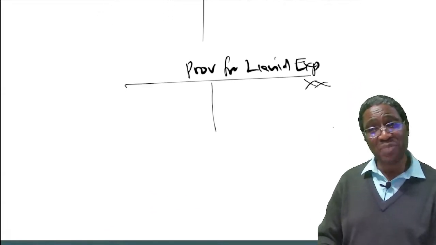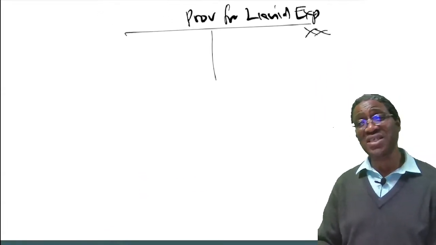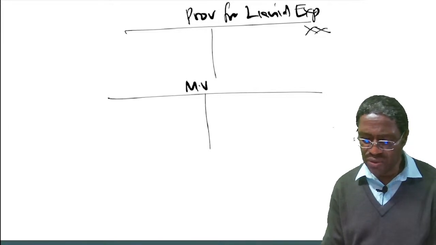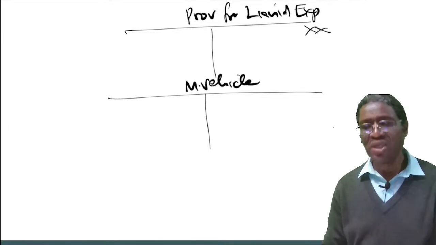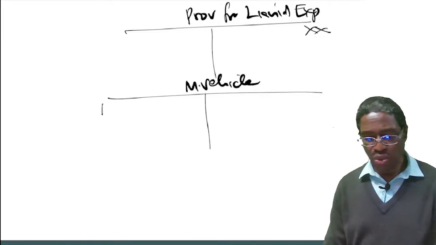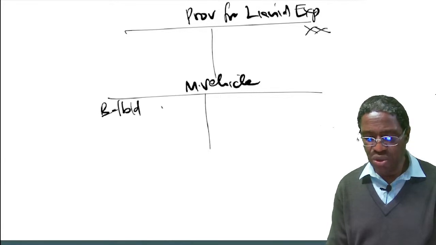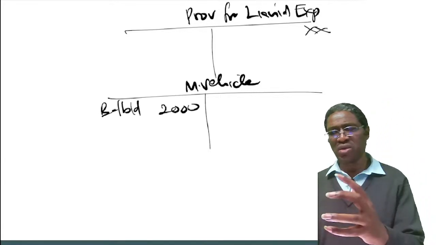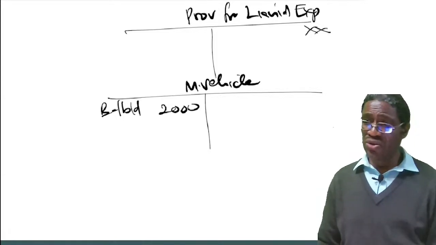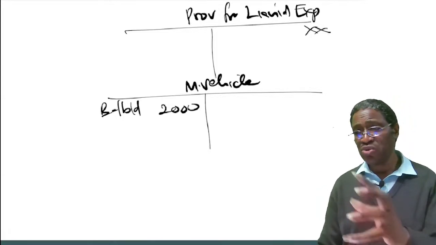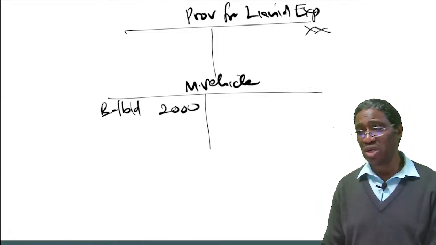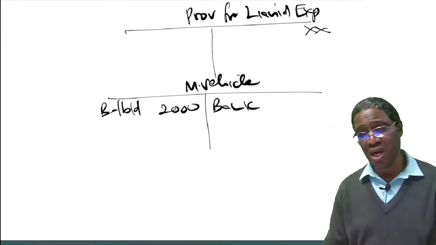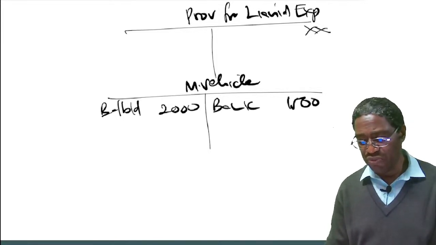You will debit bank and you credit the asset. Let us assume it's an asset called motor vehicle, which could have a book value of, let's say, 2 million. You sold it for 1.5 million. So you will debit bank by that 1.5 million and you credit the asset called motor vehicle by 1.5.